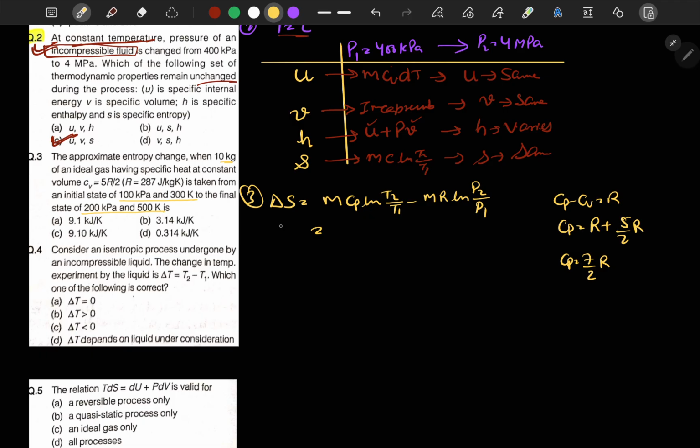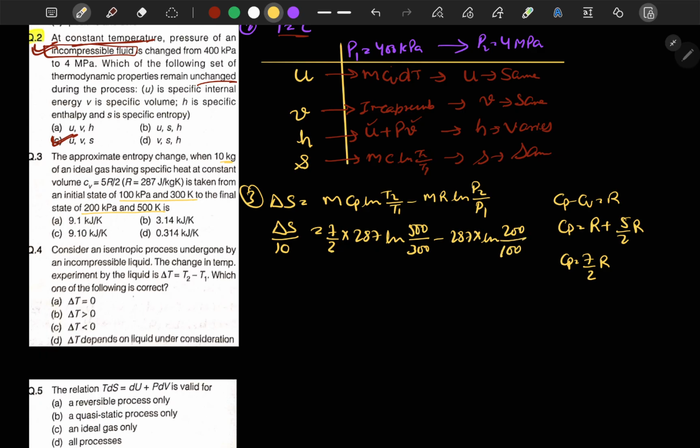So delta S, taking the mass common, is cp, which is 7 by 2 into R, with R given as 287 joule per kg Kelvin, times ln T2 by T1, where T2 is 500 divided by 300, minus R, 287, into ln P2 by P1, where P2 is 200 and P1 is 100.